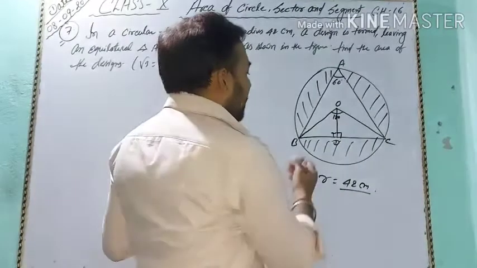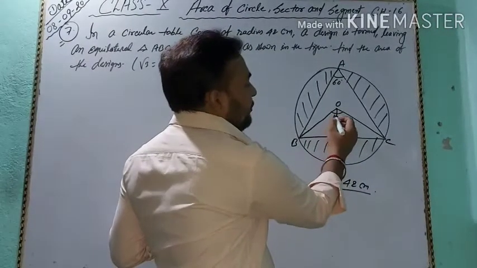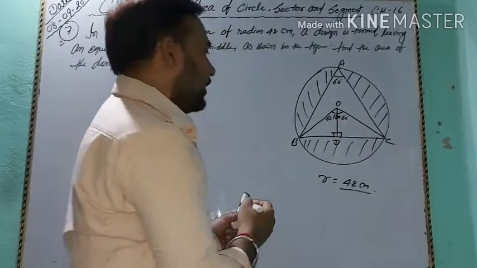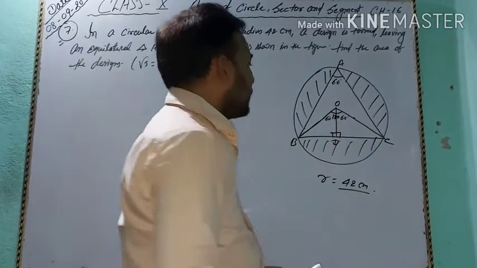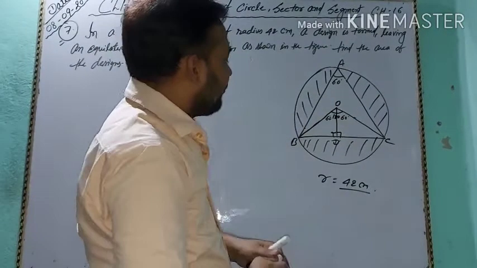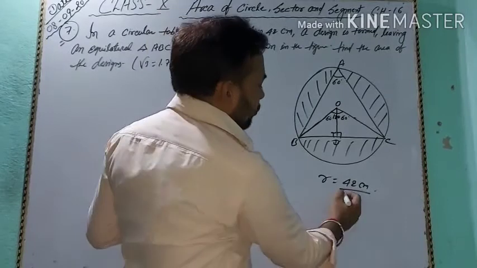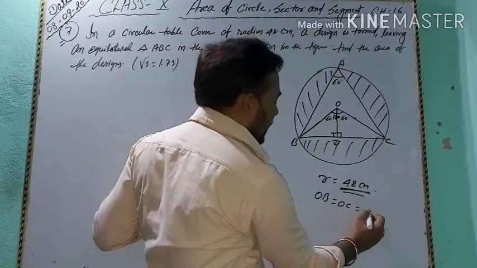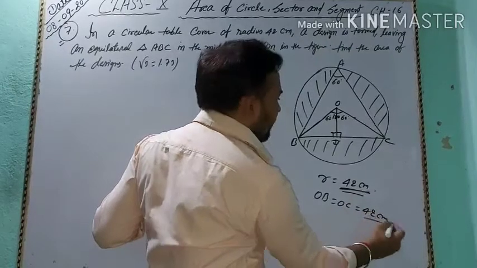So BD equal to DC and it bisects this angle. This equal to 60 degree and this is the 60 degree. OB and OC is the radius of this circle. So radius equal to 42 centimeter. That is OB equal to OC equal to 42 centimeter.